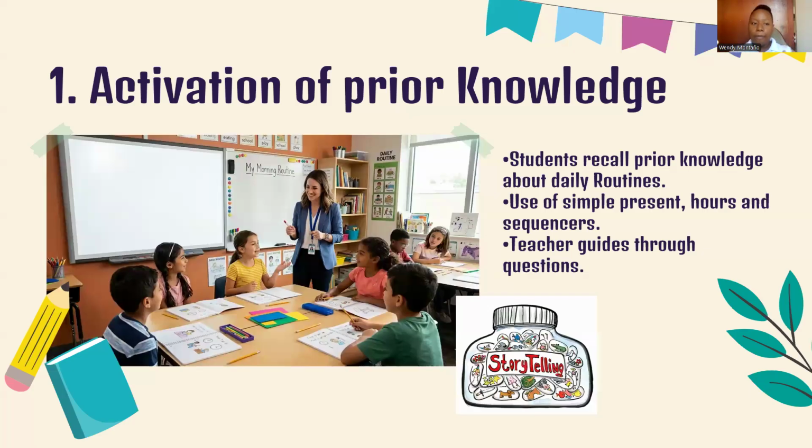So this step is important because it prepares students for storytelling, allowing them to organize routine actions before building a story. At this point, storytelling begins indirectly as students start thinking about routines in a logical sequence.